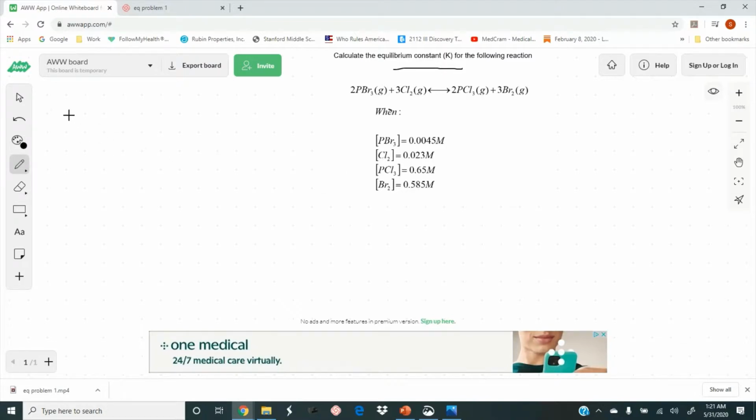So we already saw from this earlier sample problem that the equation you're going to use is K equals, once again, you just take products first. PCl3, coefficient is 2, so we square it, times Br2, the other product.